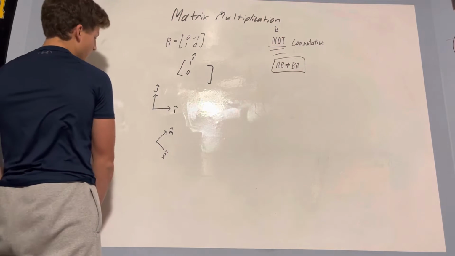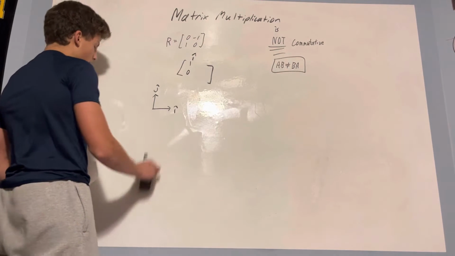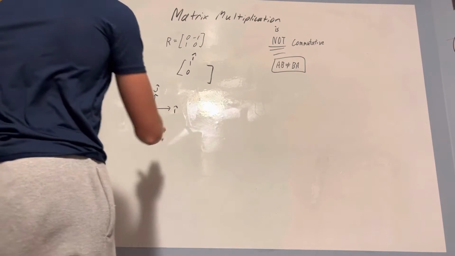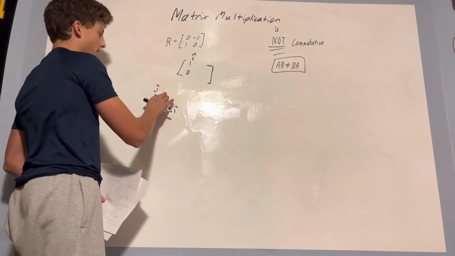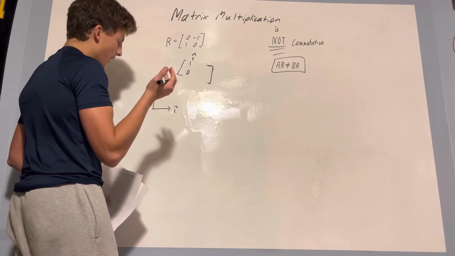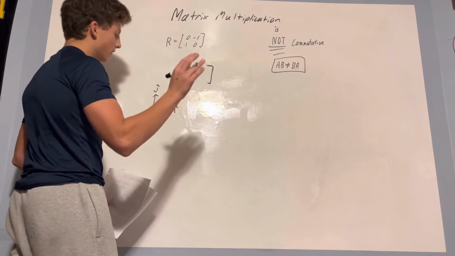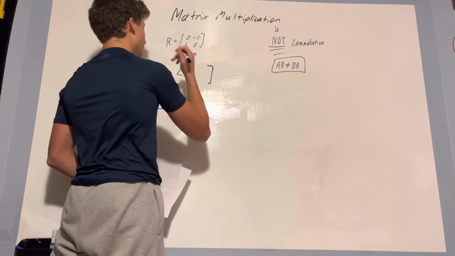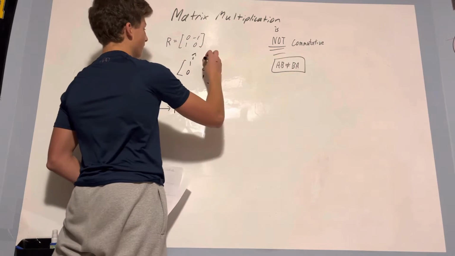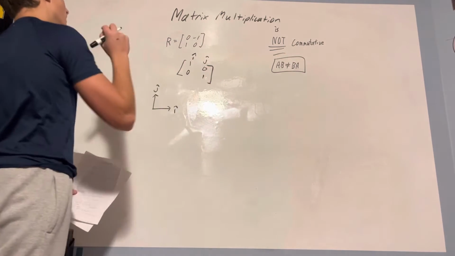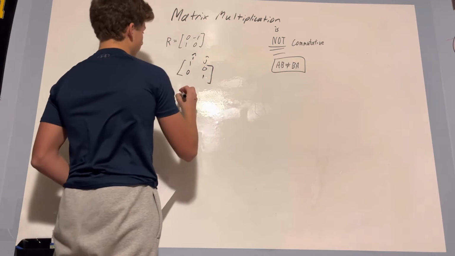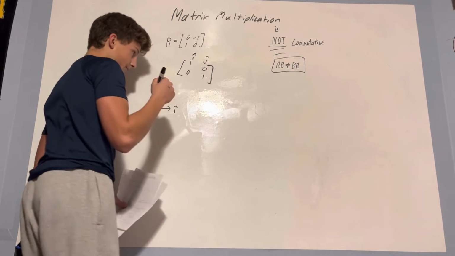But obviously that doesn't have any real-world application because we're never going to do that. So let's just look at the simple I hat, j hat case. I hat we define as 1, 0, the unit vector in the x direction. And j is going to be 0, 1, because we have an x component of 0 and a y component of 1. Now we want to multiply these two matrices.